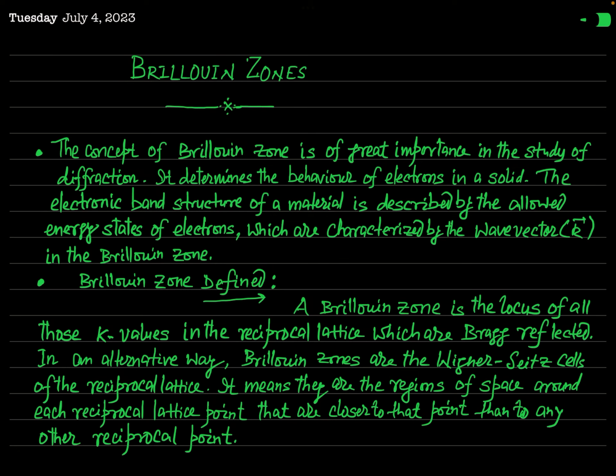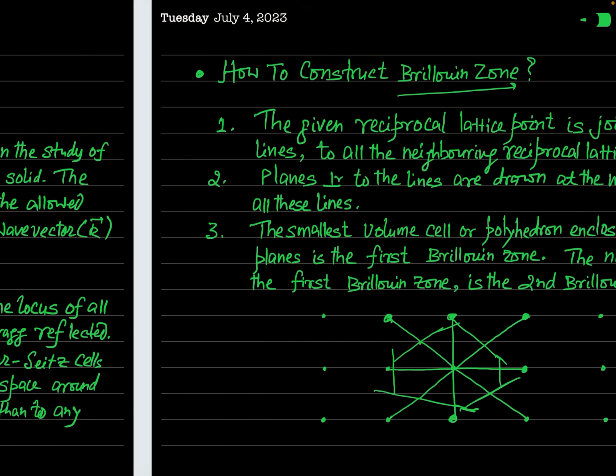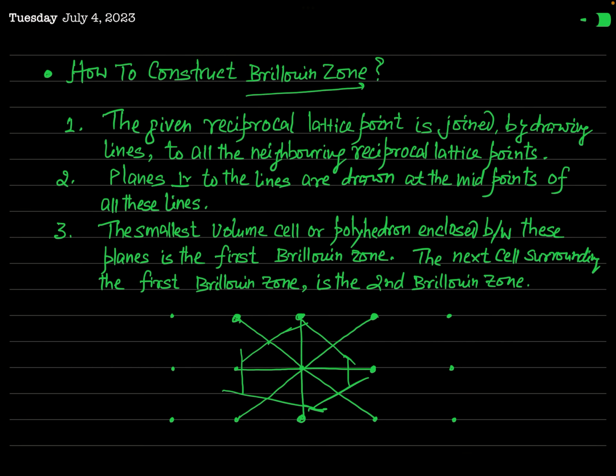And these Brillouin zones, as I have told you, are the Wigner-Seitz cells of the reciprocal lattice, which means they are the regions of space around each reciprocal lattice point that are closer to that point than to any other reciprocal lattice points. Okay. So you can see how this Brillouin zone can be constructed or defined.